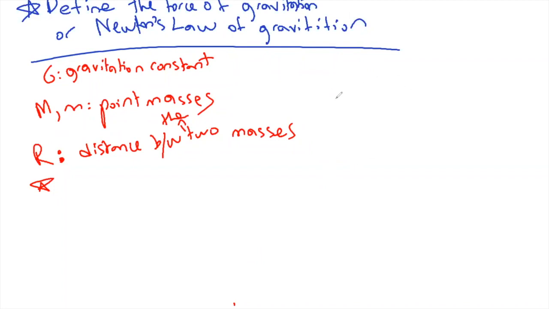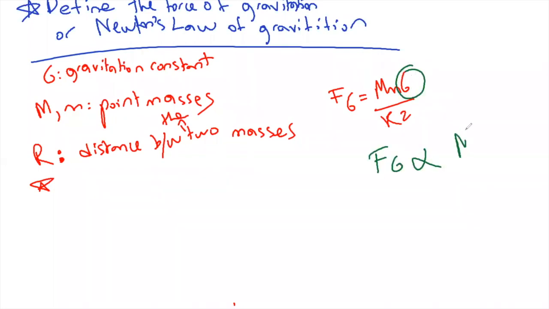Now, I know that in this formula, Fg equals G m1 m2 over r squared, there's only one constant. I know that G is constant. So I can say that Fg is proportional to m1 m2 divided by r squared. So it has an inverse relation and it has a direct relation.